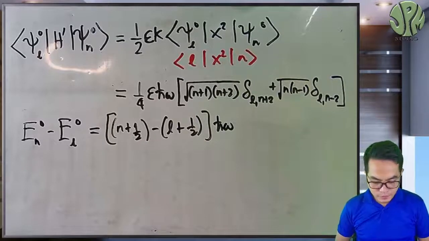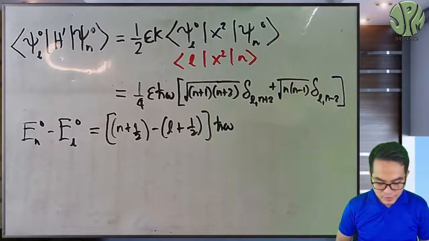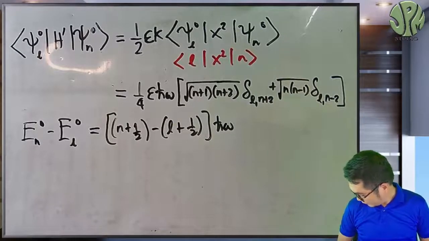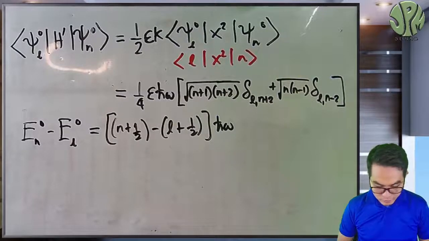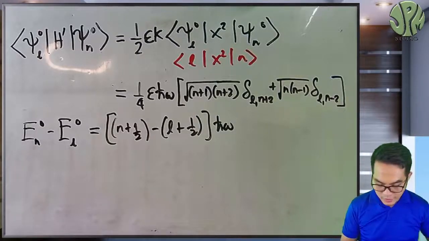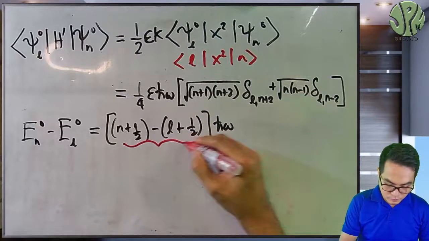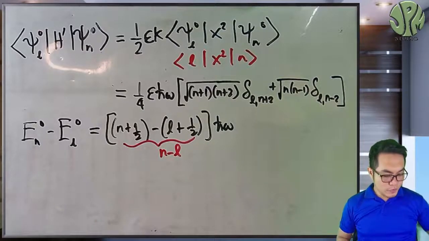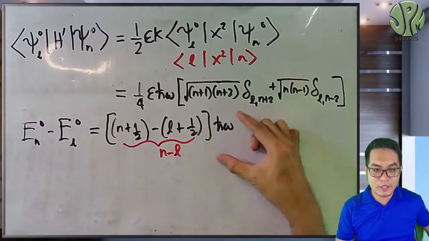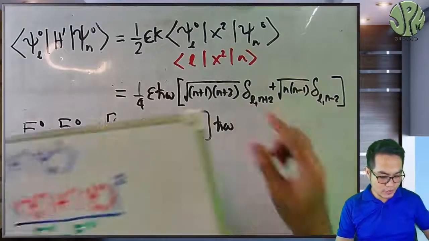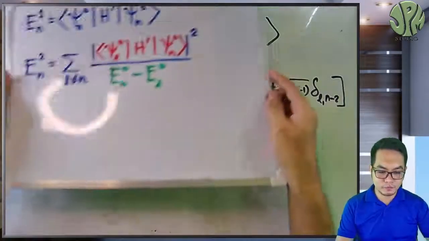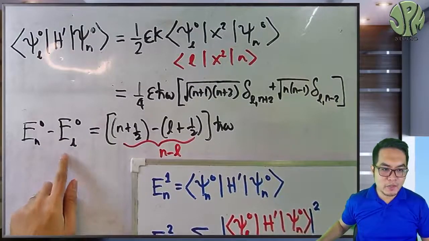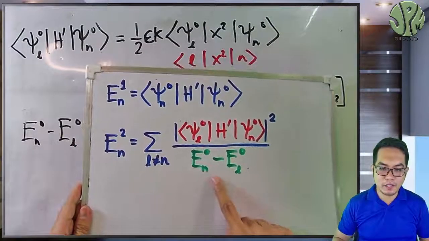So you can simplify that to n minus L, so basically it's n minus L times h bar omega. Okay, so now you substitute this: you put En0 minus El0 in the denominator here.